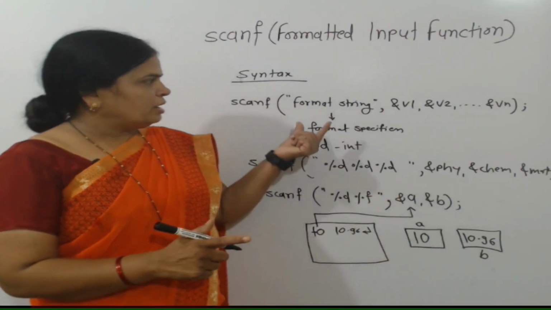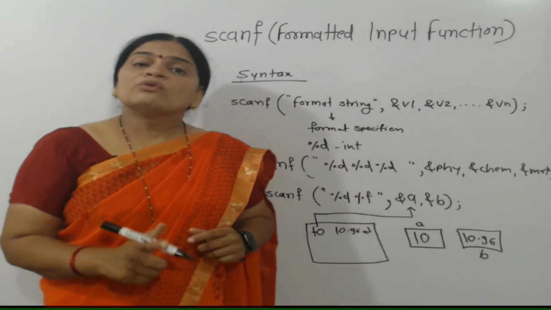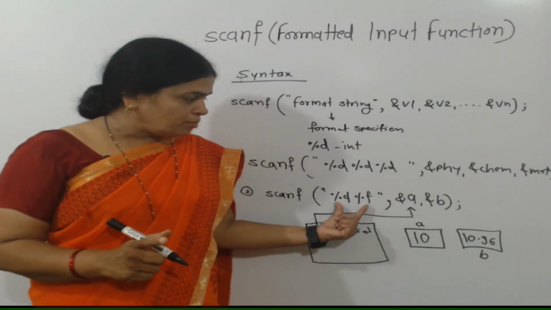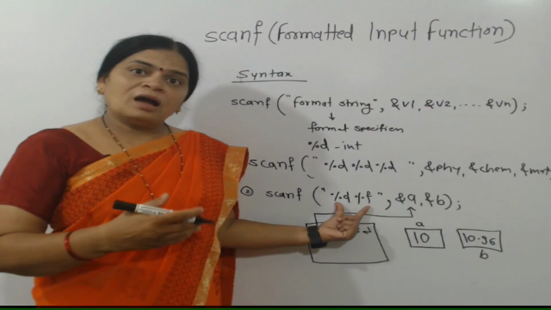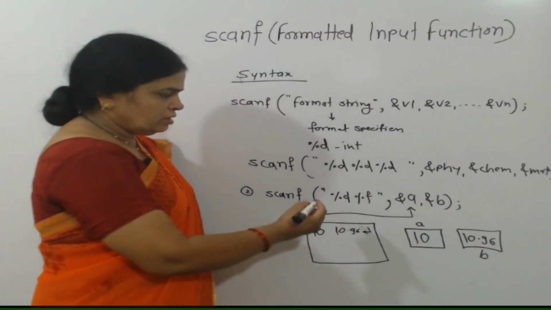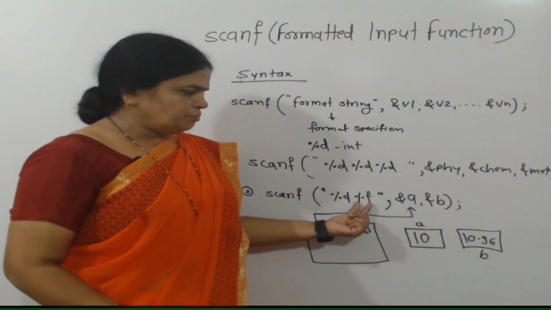And we know that the scanf function is called the formatted input function. That means you can give the format of how the user should input the values. So actually here I don't give any format, I simply write %d and %f.